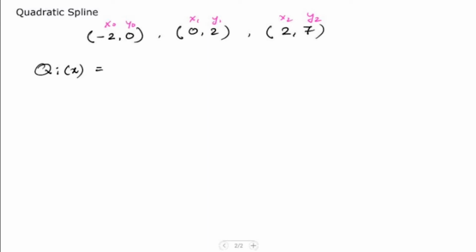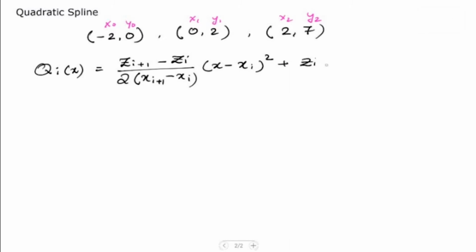So you have qi(x) is equal to (z(i+1) minus zi) divided by 2 times (x(i+1) minus xi), times (x minus xi) squared, plus zi times (x minus xi), plus yi.